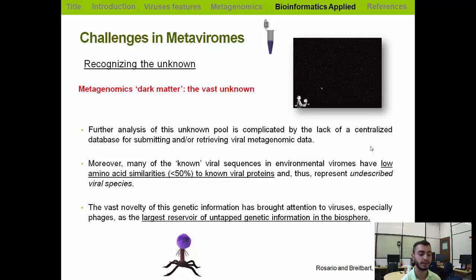Because viruses are the reservoir of genetic diversity that we don't know yet, we want to assess this knowledge. That's the idea that I want to pass to you with my seminar: that viruses are very different. They have a lot of characteristics, and I wanted to know these characteristics and align this knowledge with bioinformatics and try to assess this new knowledge in a way.